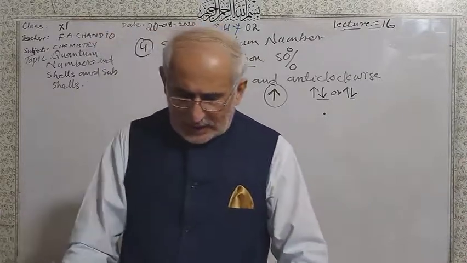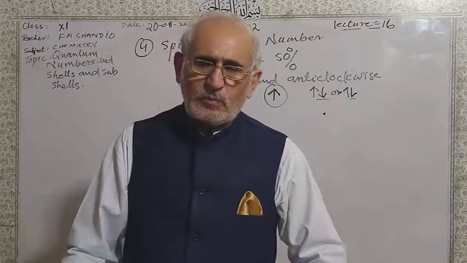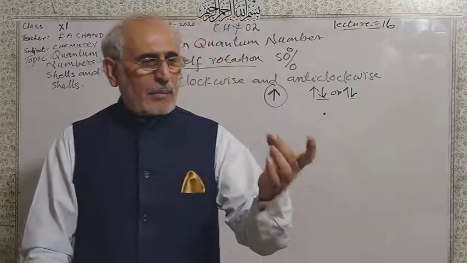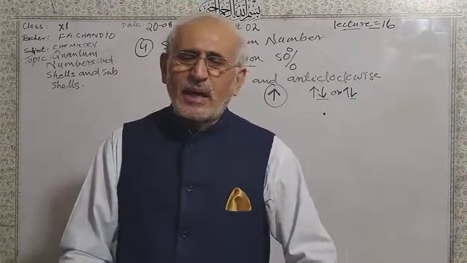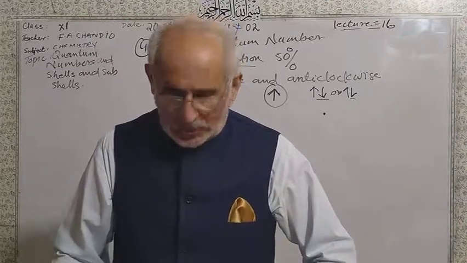So when n is equal to 4, these are the K, L, M, N shells. This is the shell number n according to Bohr's atomic model.